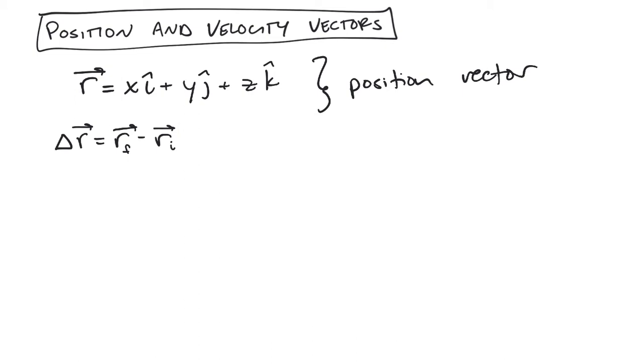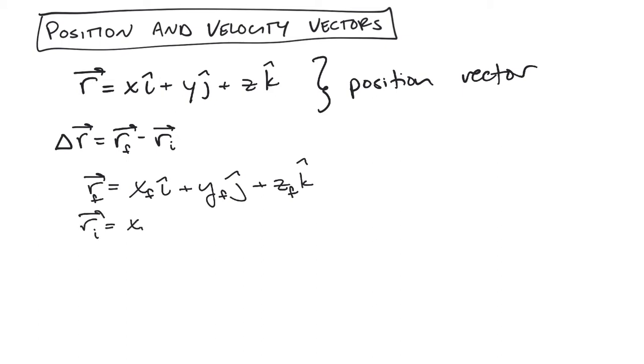So our final for the position would look something like this. Your x coordinate final in the i direction plus your y coordinate final in the j direction plus your z coordinate final in the k direction. And then our initial looks the exact same, except all these are for initials rather than for final.